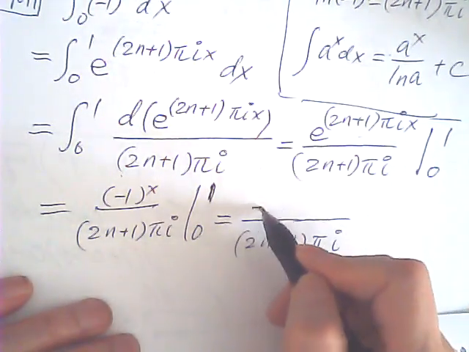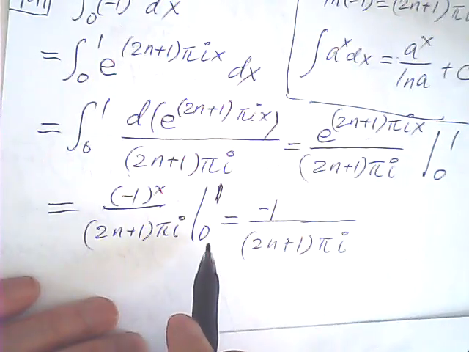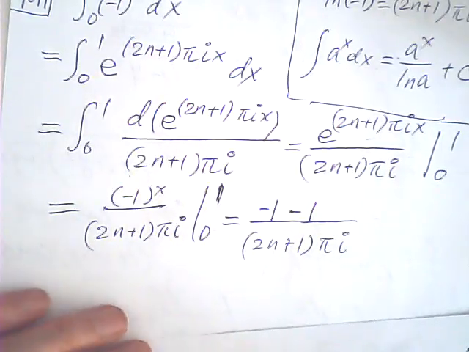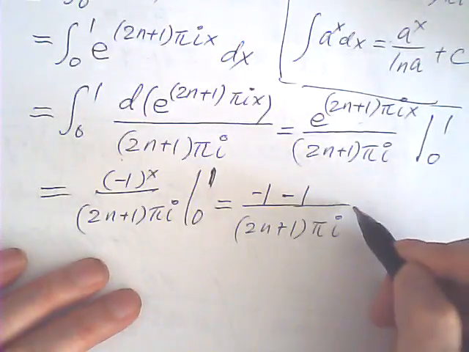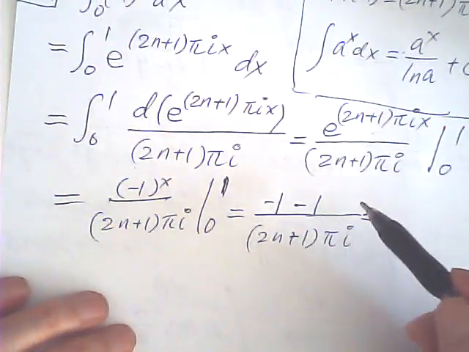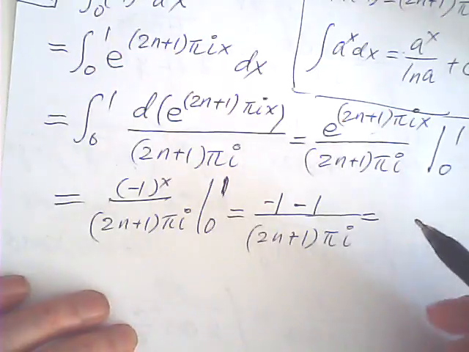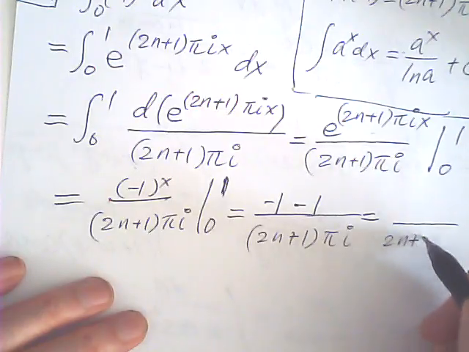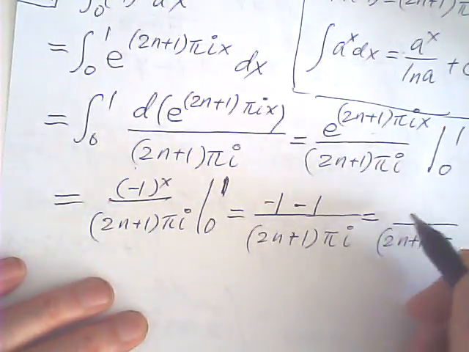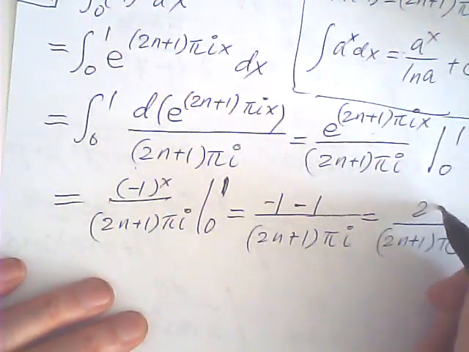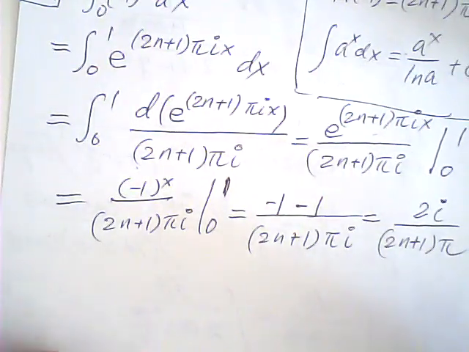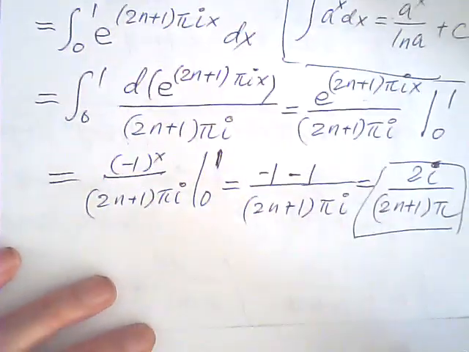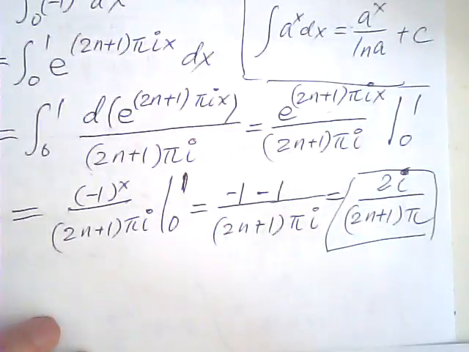So X equal to 1 gives negative 1, minus x equal to 0 gives 1. Then we multiply by i, both top and bottom. It becomes 2i over (2n plus 1) pi. Yeah, that's the result for the integral by method 1.